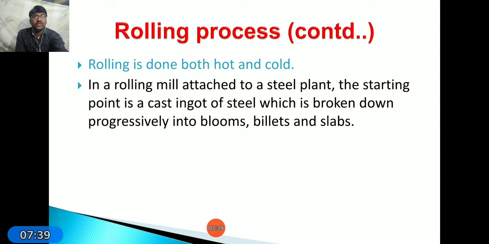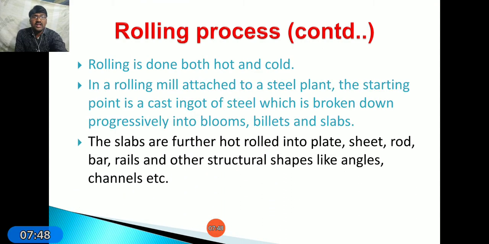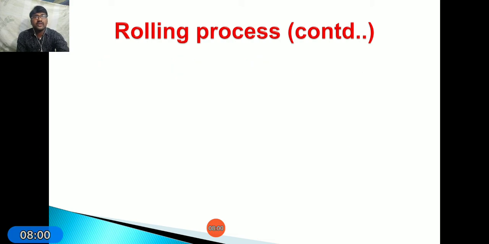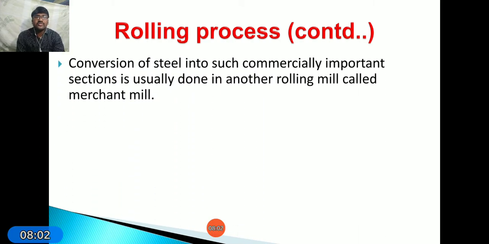Coming to the rolling process, the ingot is broken down progressively into blooms, billets, and slabs. Next, the slabs are further hot rolled into plate, sheet, rod, bar, rails, and other structural shapes like angle sections by using the rolling process. Conversion of steel into such commercially important sections is usually done in another rolling mill called a merchant mill.